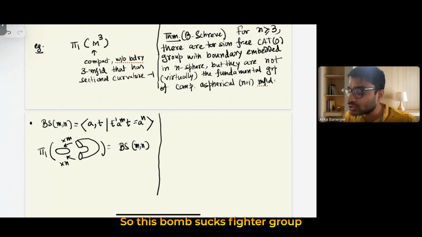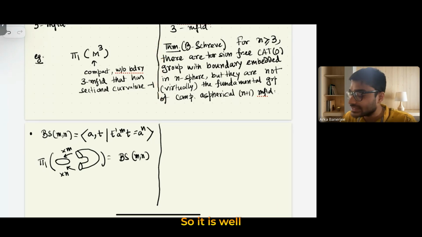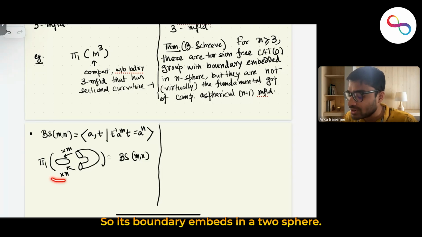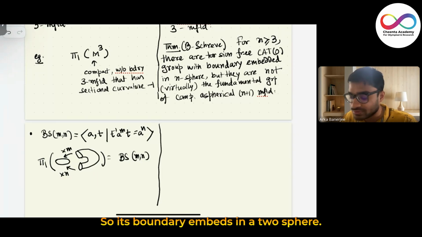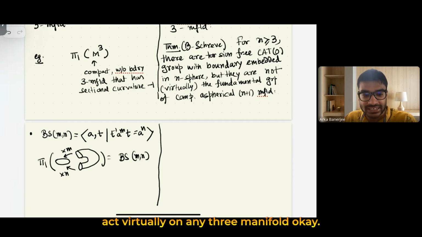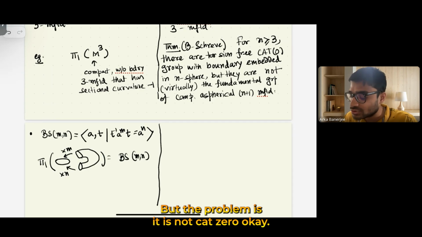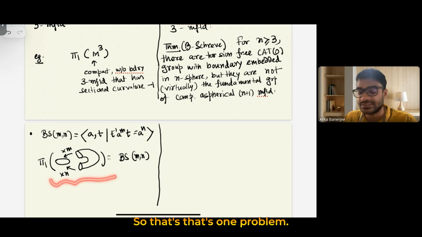Now, this Baumslag-Solitar group has almost all the properties that we want. It is actually one-dimensional, its boundary embeds in a 2-sphere, and it does not act virtually on any 3-manifold. But the problem is that it is not CAT(0).